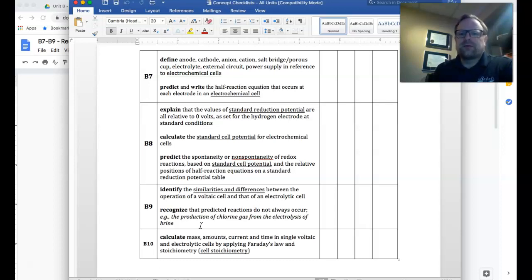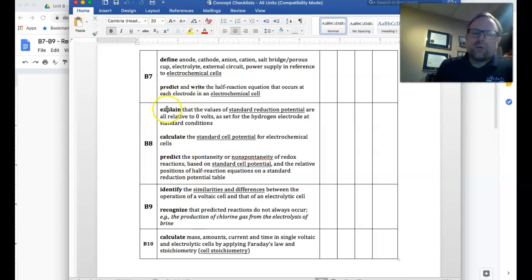They're different from each other, but not opposite. You can't say that a voltaic cell has this and an electrolytic cell has this, and they're opposite. There are some things that are very similar in the way they operate, but there are some subtle differences that we need to know between them.